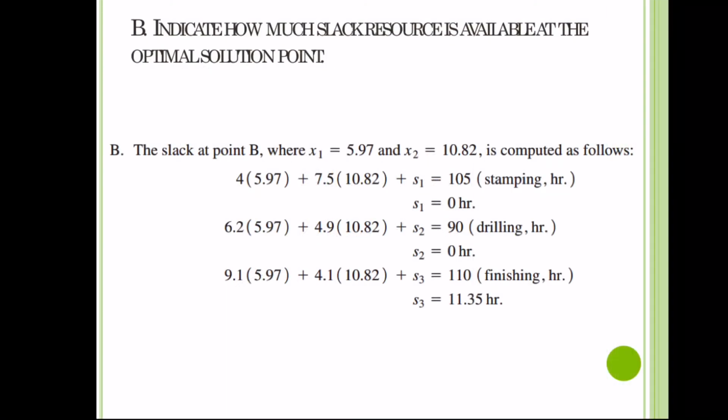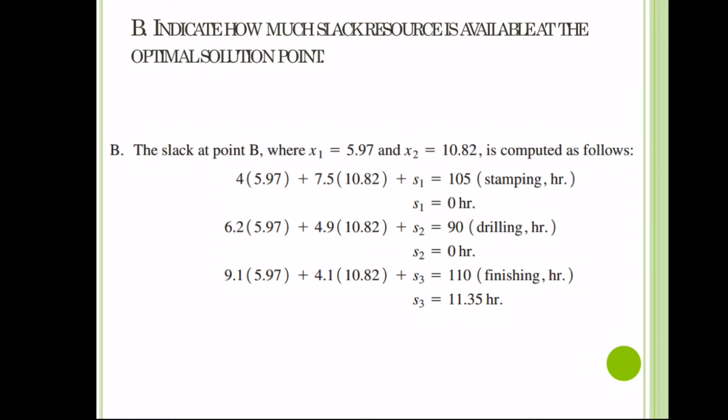Indicate how much slack resource is available at the optimal solution point. The slack at point B, where x sub 1 equals 5.97 and x sub 2 equals 10.82, is computed as follows. 4 times 5.97 plus 7.5 times 10.82 plus S sub 1 equals 105, or stamping hours.